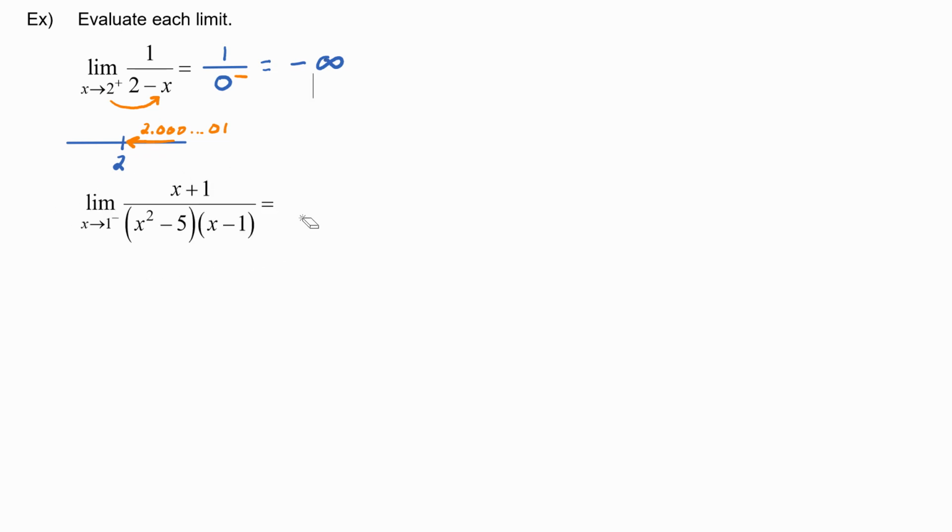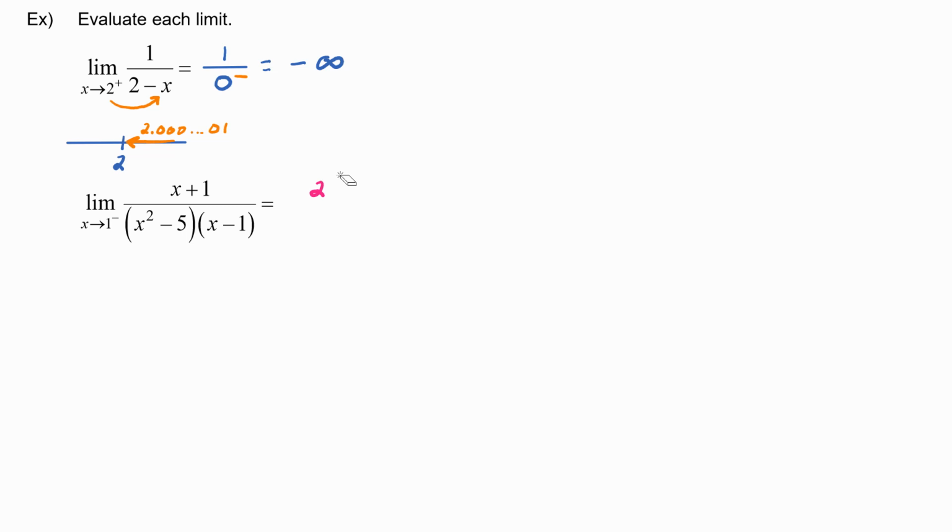Next up, we have the limit as x approaches 1 from the left of quantity x plus 1 over quantity x squared minus 5 times quantity x minus 1 in the denominator. So let's plug these values in. If we put 1 plus 1 in the numerator, that's a 2. And remember, because it's not a 0, we don't have to worry about whether we're approaching from the right or left here.